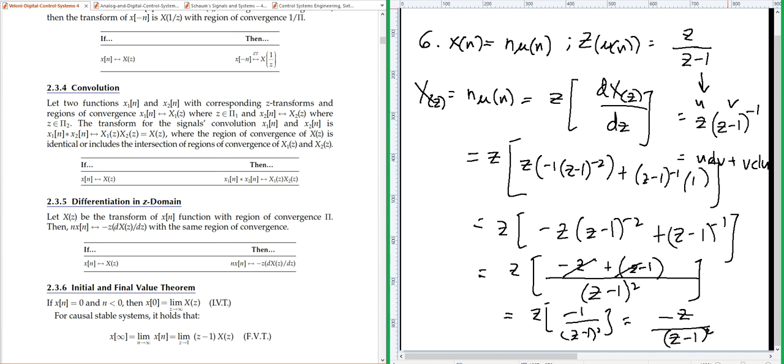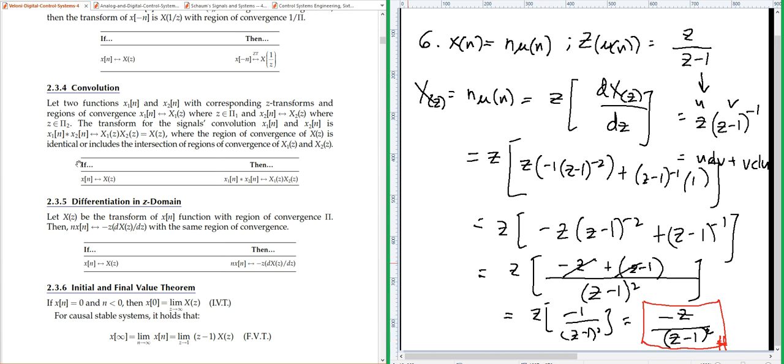This would be our final answer: negative z over z minus 1 squared.